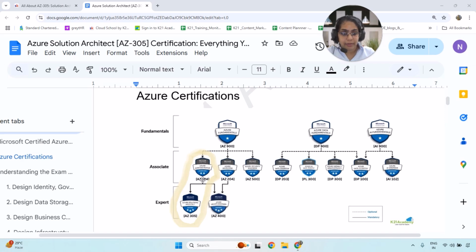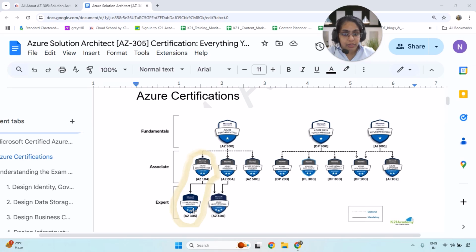It means that if you're planning to go for the AZ-305 certification, you should have mandatorily cleared the AZ-104 certification. If you have a valid AZ-104 certification, only then can you appear for the AZ-305 certification. Otherwise, it won't be generated for you, and you won't be able to appear for the certification.